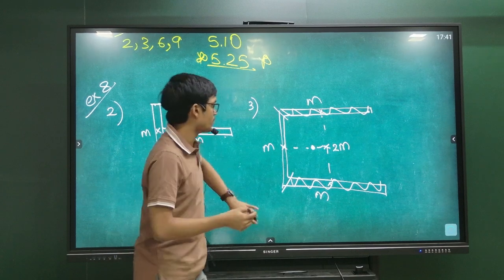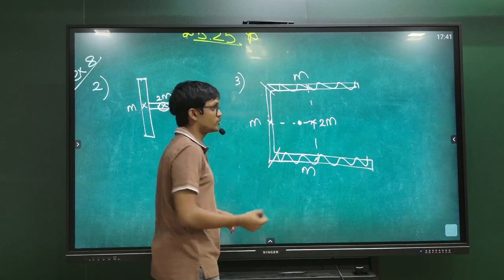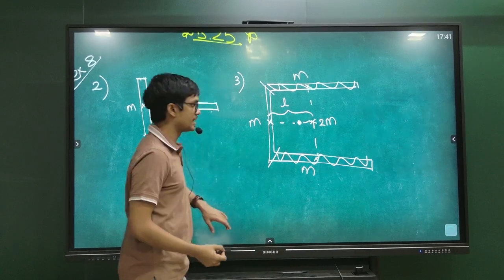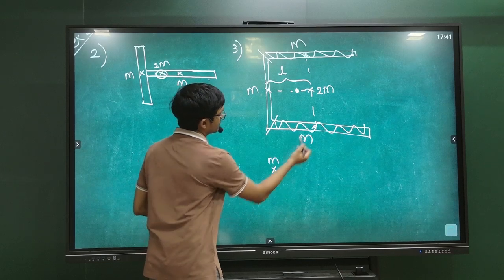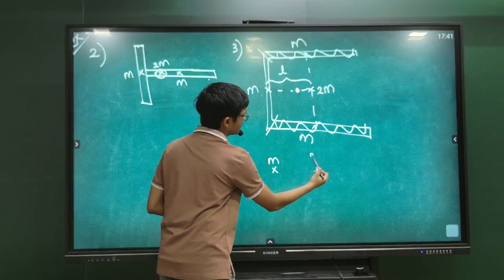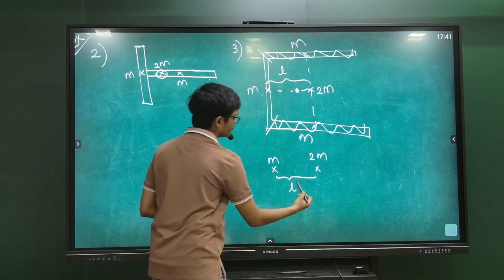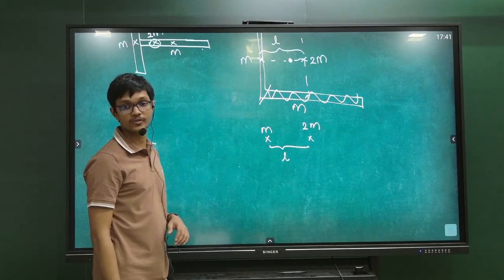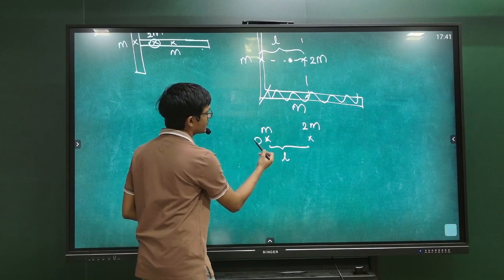I mean, if you do a proper calculation, attention, if this is L, if this is L, I have M here, I have 2M here, this length is L, where can you find the center of gravity or center of mass? I'll consider this point, I'll take this point as O.